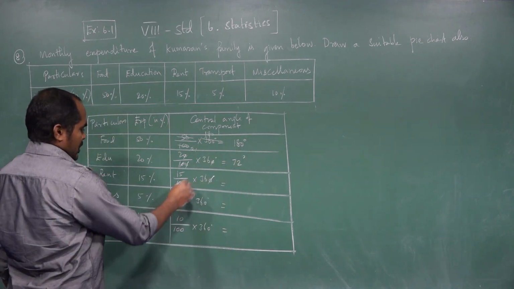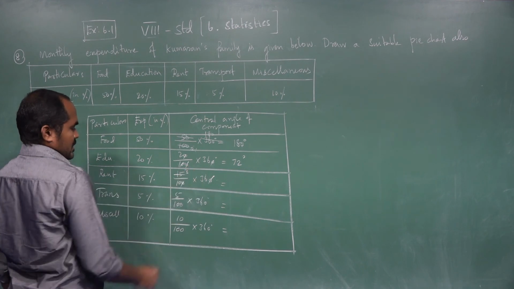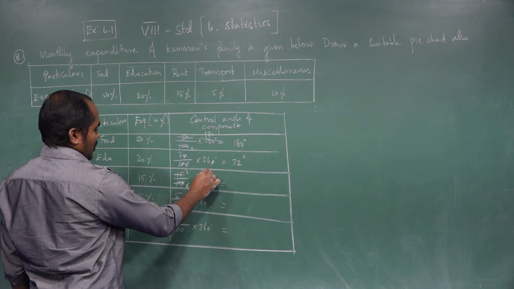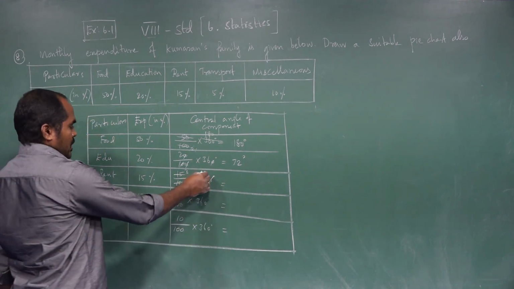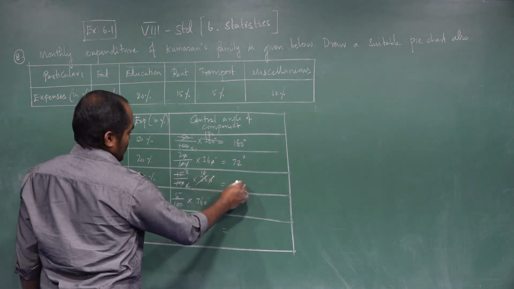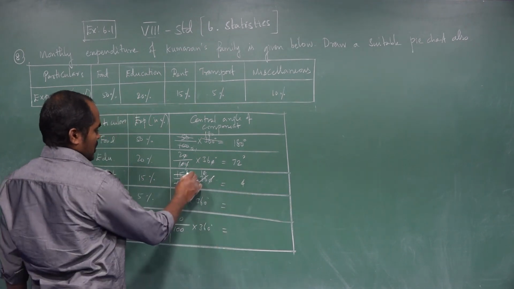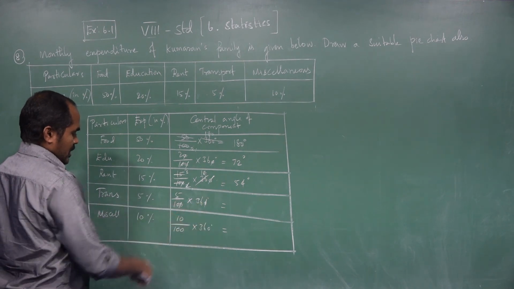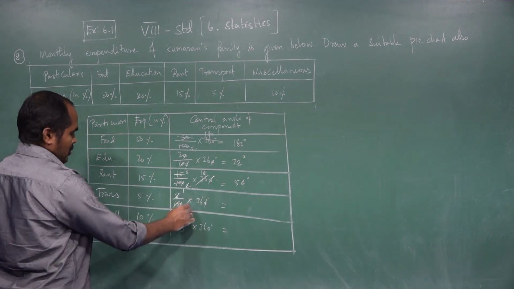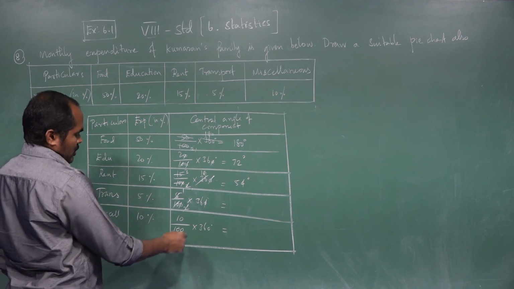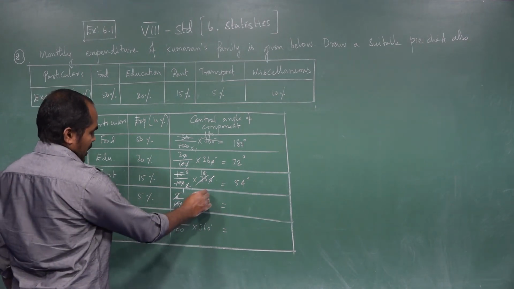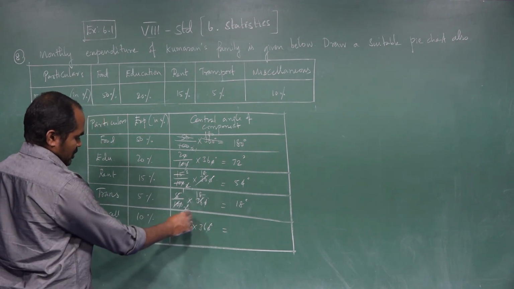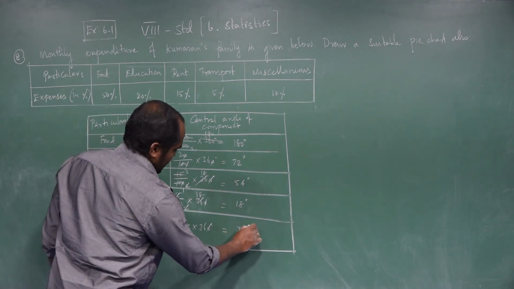Zeros cancel, 3 5s are 15, 2 5s are 10, 1 2 is 2, 18 into 3, 3 8s are 24, so this is 54 degree. Zeros cancel, so this is 18 degree. Zeros cancel, so this is 36 degree.